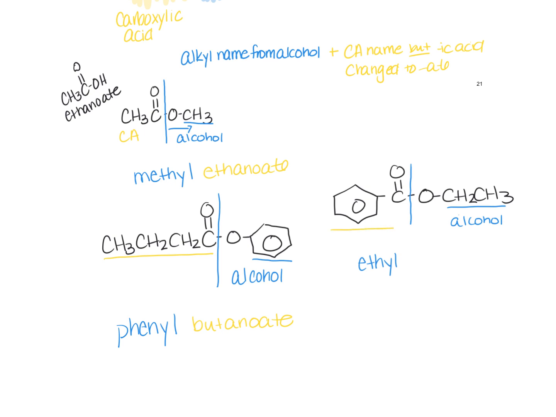This part here comes from the carboxylic acid group. And if that was a carboxylic acid, it would be called benzoic acid. And so we drop the ic acid and we say, hey, look, that's benzoate.